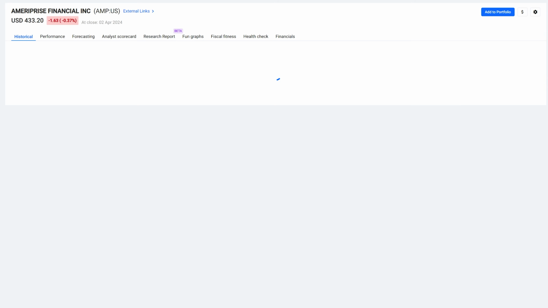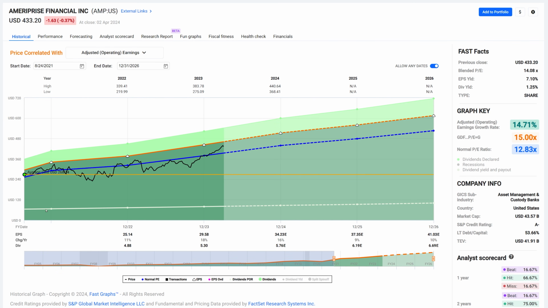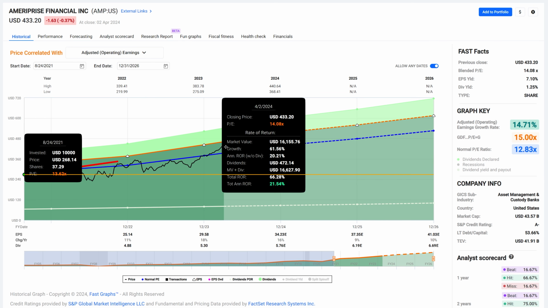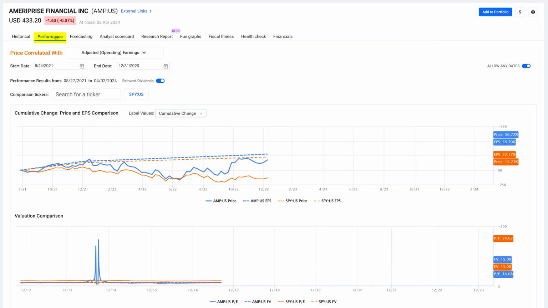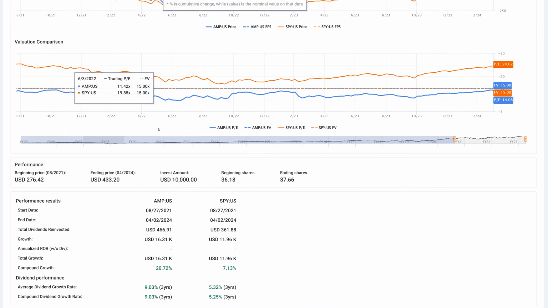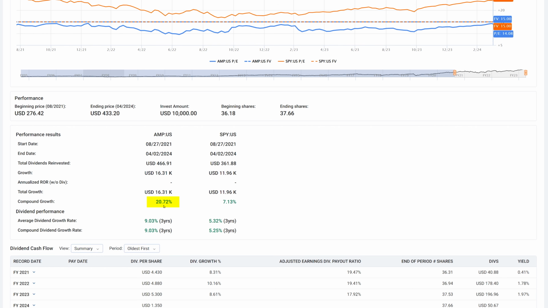The next one I'm going to look at is Ameriprise. And again, I want you to see that Ameriprise performed extremely well. If I use my calculator here, it's averaged over 21.5% annualized. But if I go into the pure portfolio performance result, there's the 20.72% that I showed you earlier compared to the stock market of only 7%.